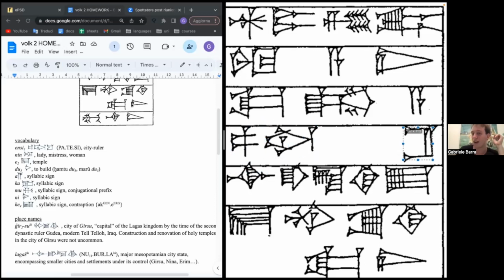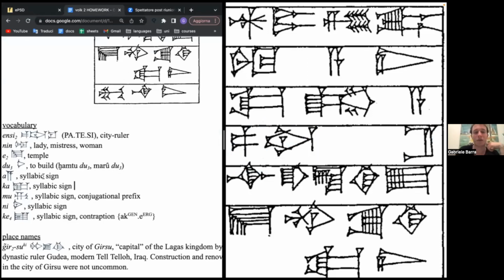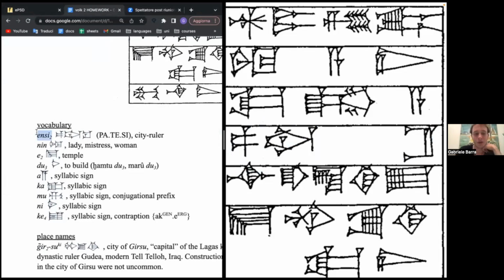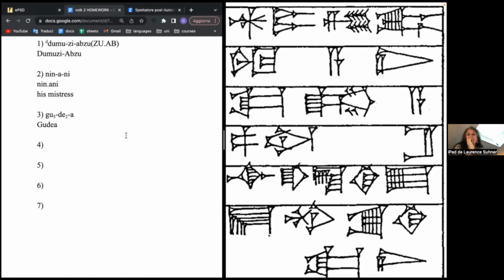Right. And then the si, the last one. Right. So altogether, they mean something very specific. They amount to NC2, which for some reason, we're not entirely sure, is a city ruler. So it's written that way. So NC2, pa, te, si.